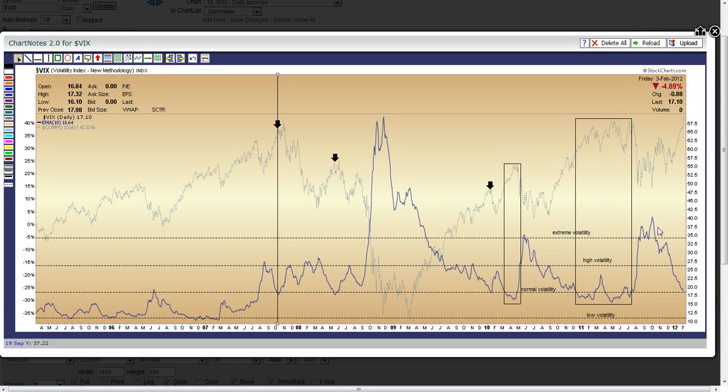So here's the high volatility coming back down, and right now I would say we're at normal. I wouldn't say that we're at extreme low areas of volatility.